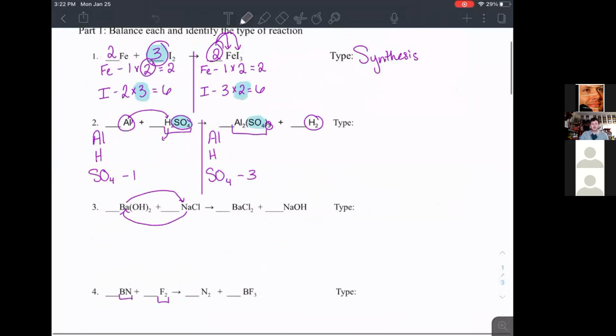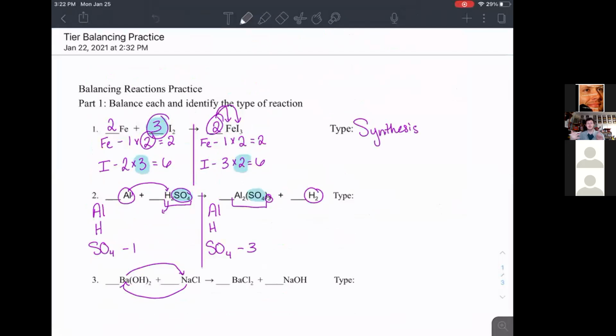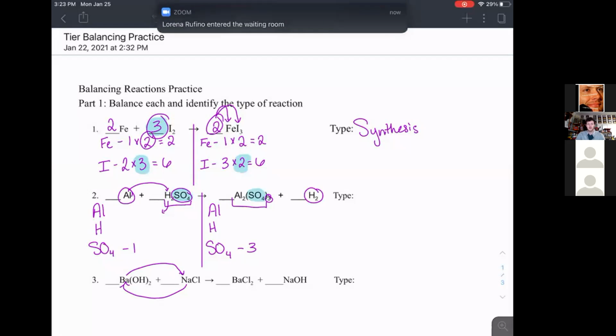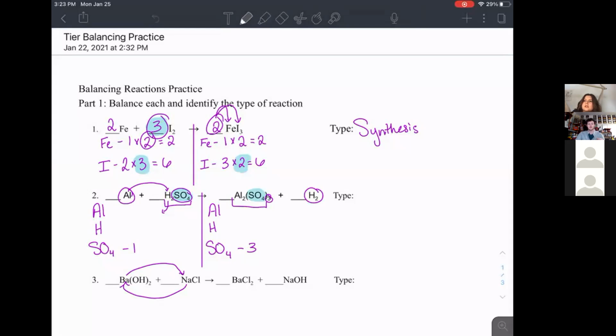We were working on this worksheet where we were determining the type of reaction. Can you guys remind me of the 5? I know one of them's right there. What's that first one called? What are the 5 types of reactions? Who remembers one or all? Synthesis. Synthesis, perfect. Combustion.